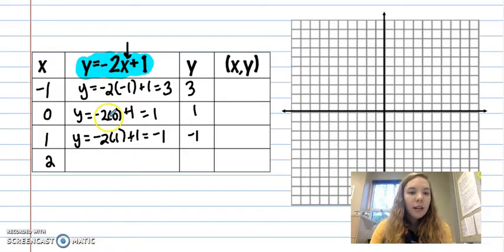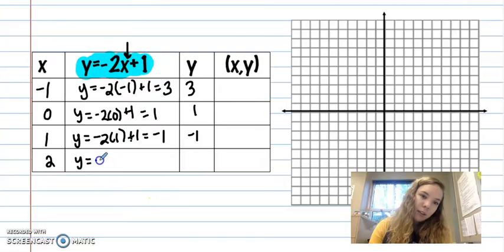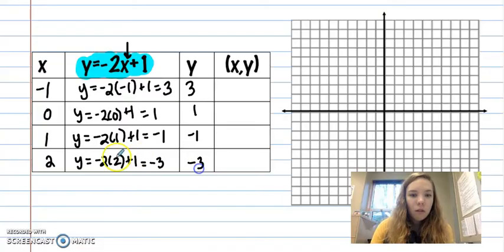And if you want, you can type this into your calculator. Negative 2 times 0 plus 1, your calculator will give you 1. Here, negative 2 times 2 plus 1, this would be negative 4 plus 1 is negative 3. But again, if you want, you can just type this piece into your calculator. It'll give you negative 3.